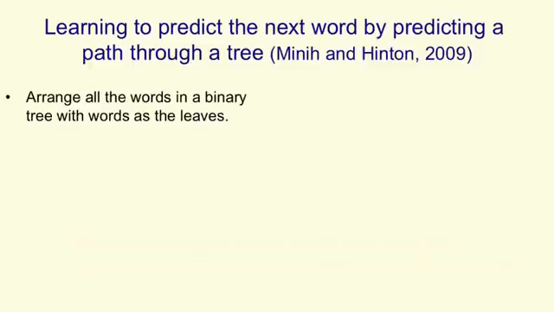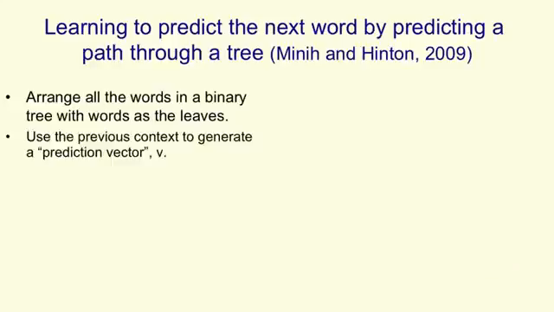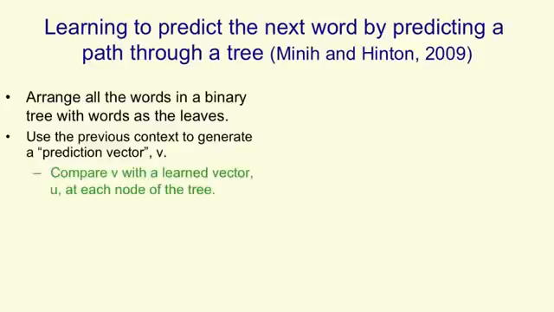A different way to avoid a great big softmax is to structure the words into a tree. So we arrange all of the words in a binary tree with the words as its leaves. We then use the context of previous words to generate a prediction vector v. We compare that prediction vector with a vector that we learn for each node of the tree.